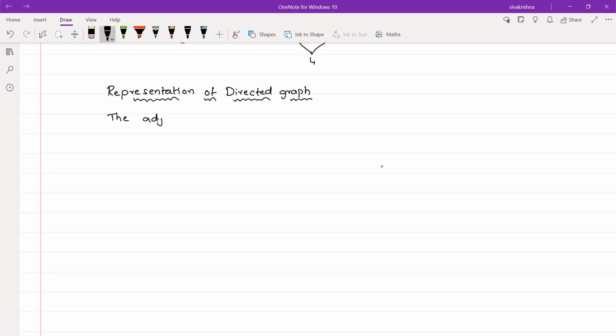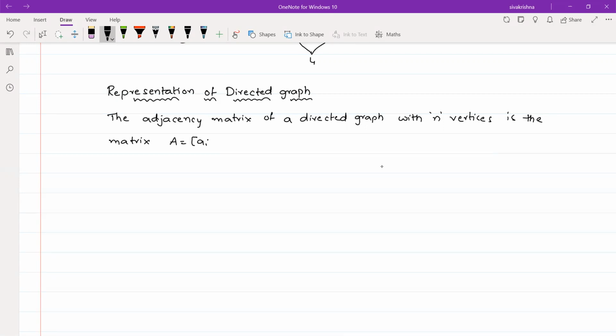The adjacency matrix of a directed graph with n vertices is the matrix capital A is equal to Aij of order n by n, in which Aij is equal to 0 or 1.